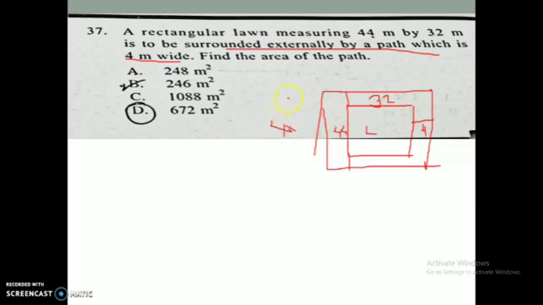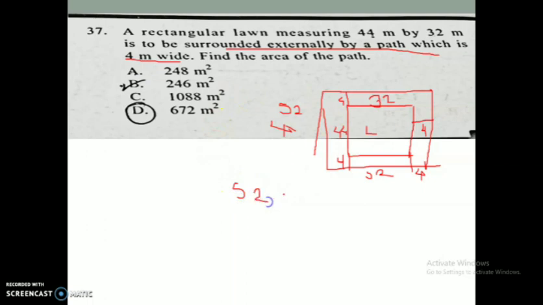So we have the 4 meter wide path. 44 plus 4 plus 4 on both sides, so we get 44 plus 8, that is 52, as one side of the rectangle. Another dimension we require is 32 plus 4 plus 4, so it gives 32 plus 8, that is 40.